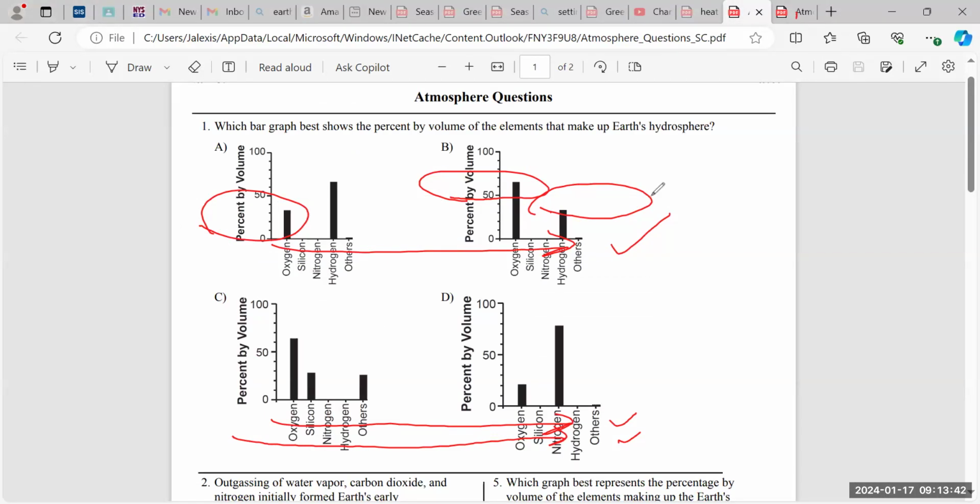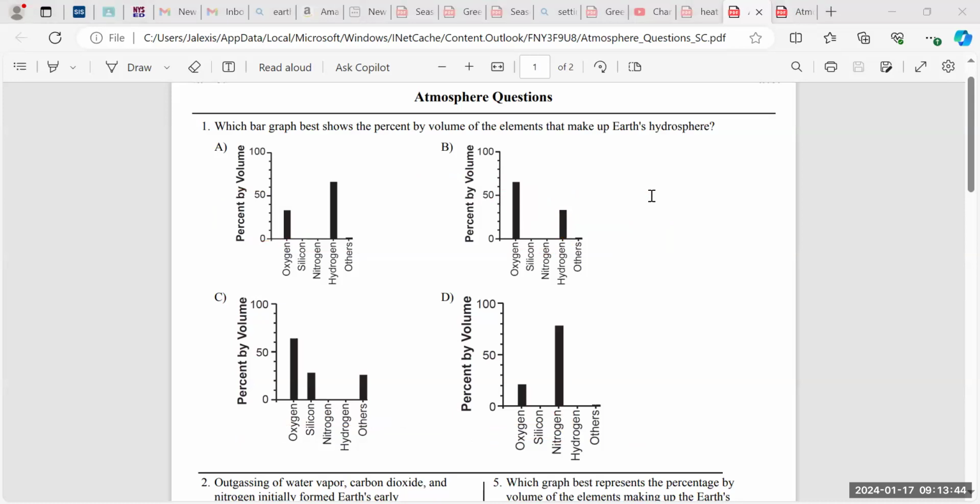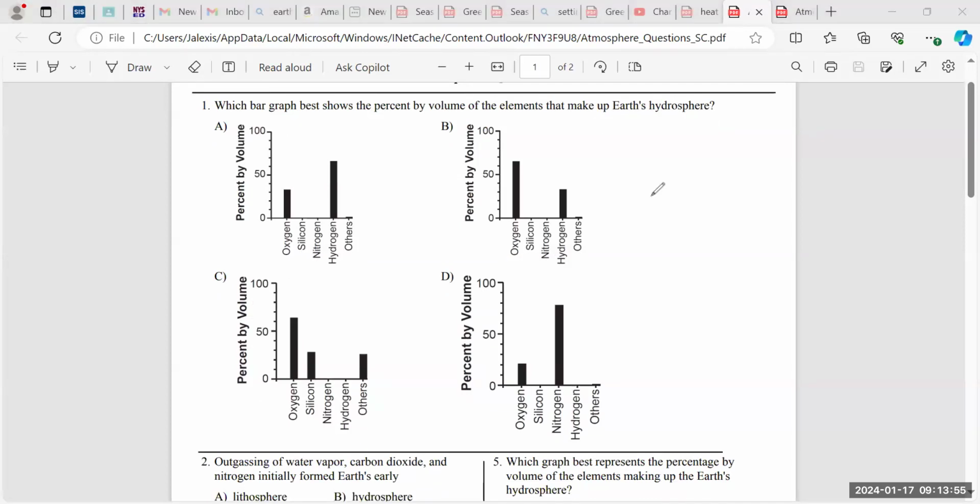When I go back and take a look, I notice oxygen has 33%, right? And hydrogen at 66%. It is choice A. When you look at all four, remember, oxygen was 33%, which is around here. Hydrogen is a little above 60%, and 1% for the others.